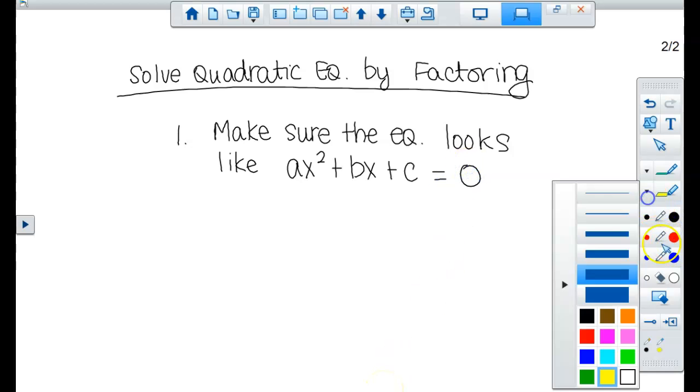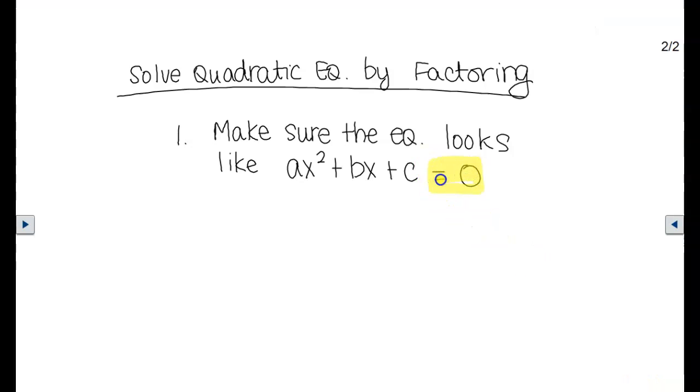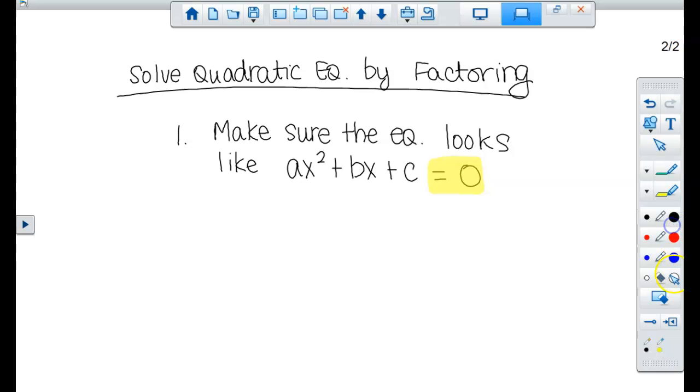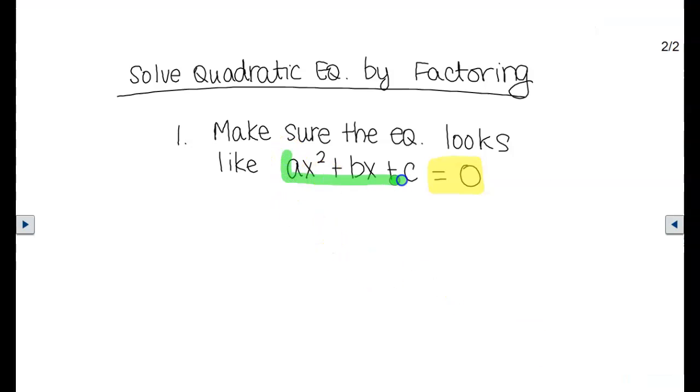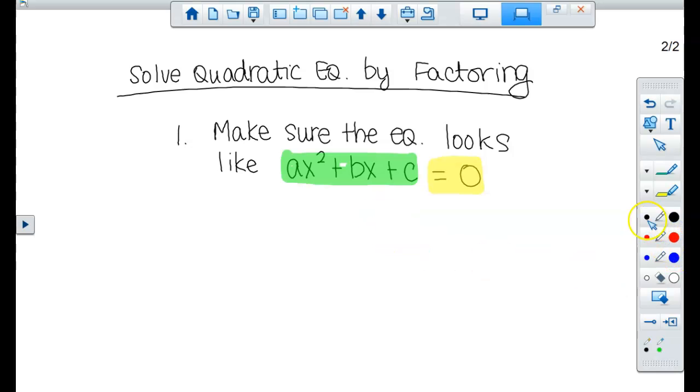So I want you to notice here that if you're going to solve a quadratic equation, the first thing that you've got to do is make sure that it equals 0. And then the second thing that I want you to notice is that the terms need to be in a specific order. Ax squared has to be first, bx has to be second, and c has to be third. So it's got to look exactly like this in order for you to be able to solve it.